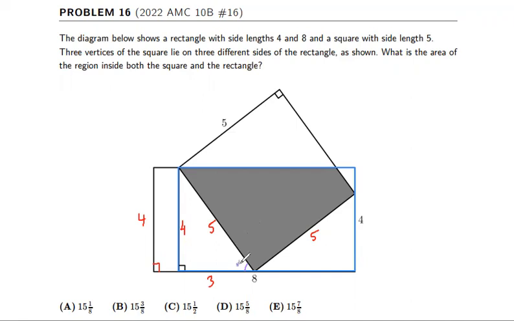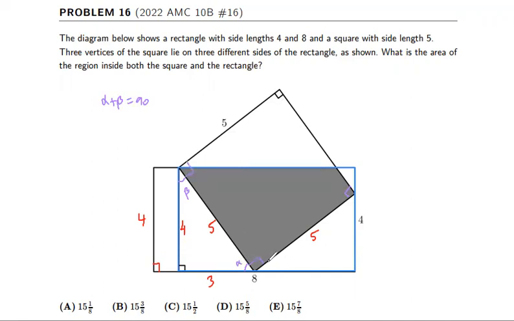So I'll call this alpha and this beta. Alpha and beta add up to 90 degrees, because this is 90, so the other 2 add up to 90 as well. I do know this was a square, so these guys are 90, and this is also 90. This is a straight line, this is 90.